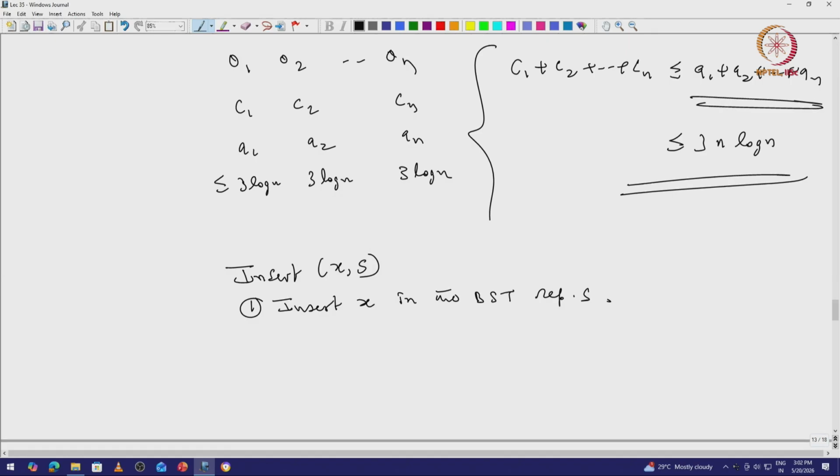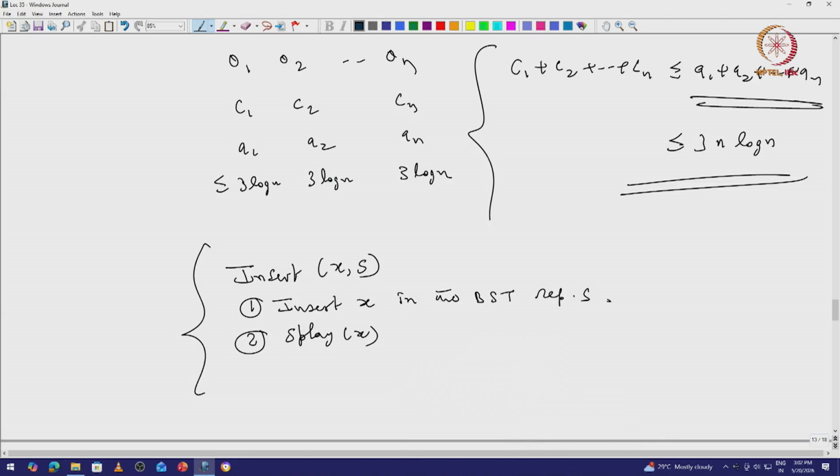Same insertion as in a regular binary search tree. Then trigger Splay at x. After x settles down in some place, trigger the Splay at x. Search for x. If you find x, trigger Splay from that node. If it is not there, there is a node at which you will report that x is not in the set. From that node, trigger the Splay like this.